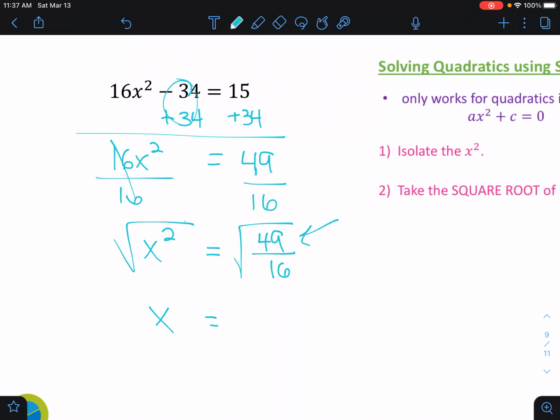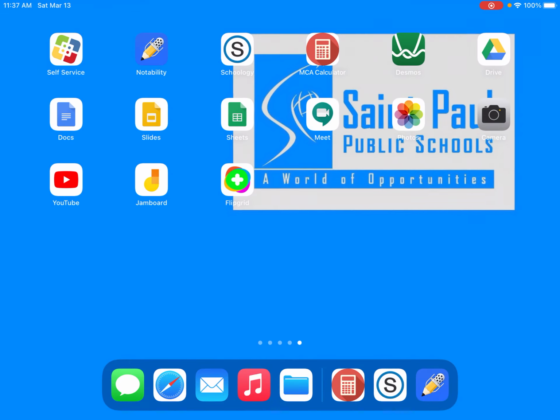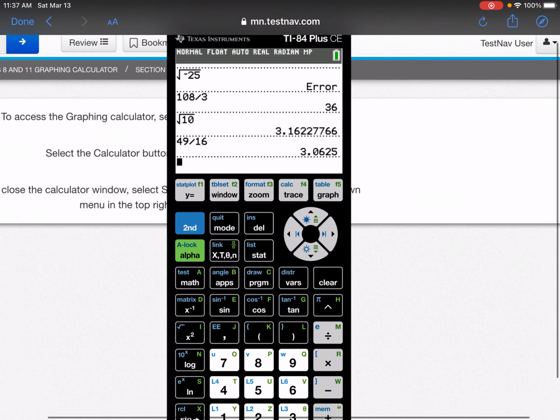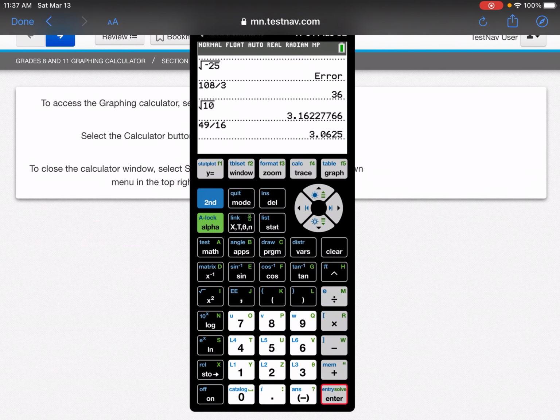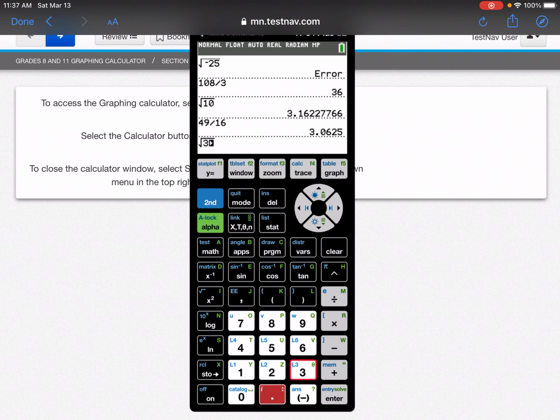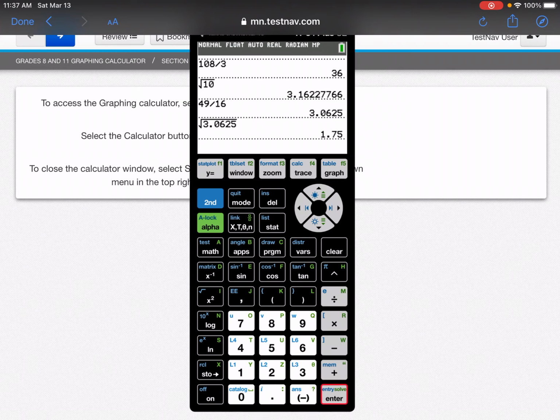Since the square root of 49 is nice, and so is 16, you can actually just write this as plus or minus 7/4. If you don't notice that, that's okay too, and you just said, all right, I got this decimal, 3.0625, and now I take the square root of that decimal. You get plus or minus 1.75.